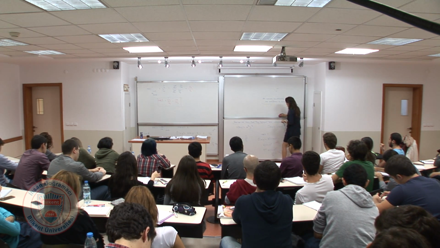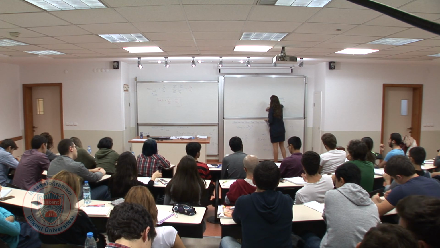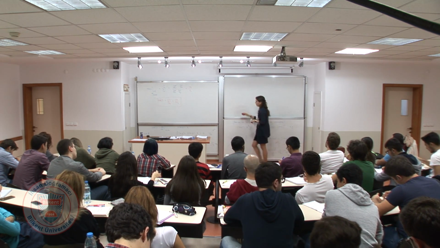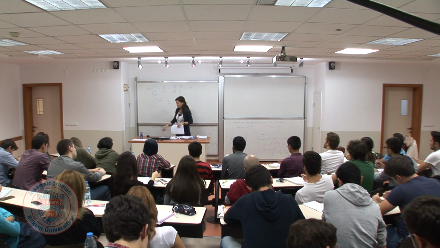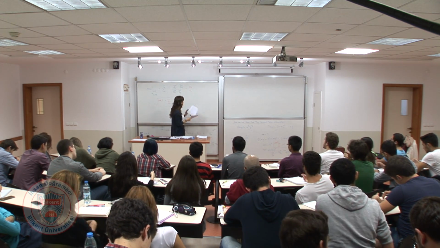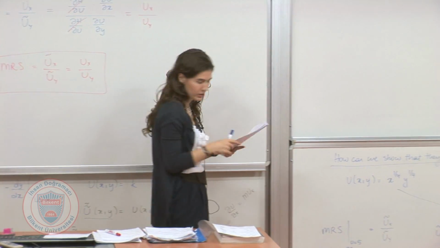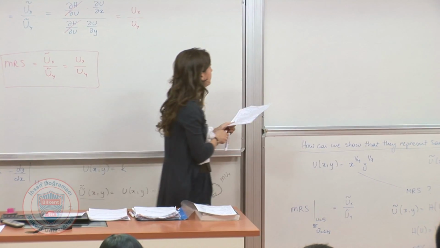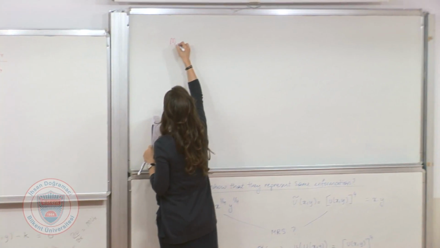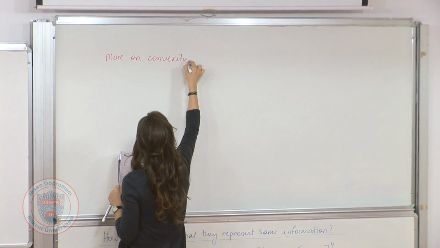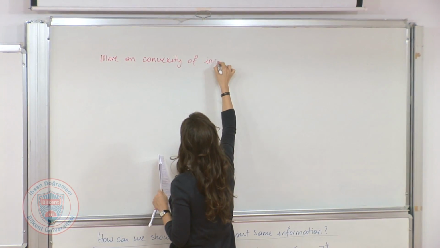So if you ever look at your book and want to link to what we are doing, and if you want to understand that condition, let me tell you a little bit more about this. Let me write this: more on convexity of indifference curves.